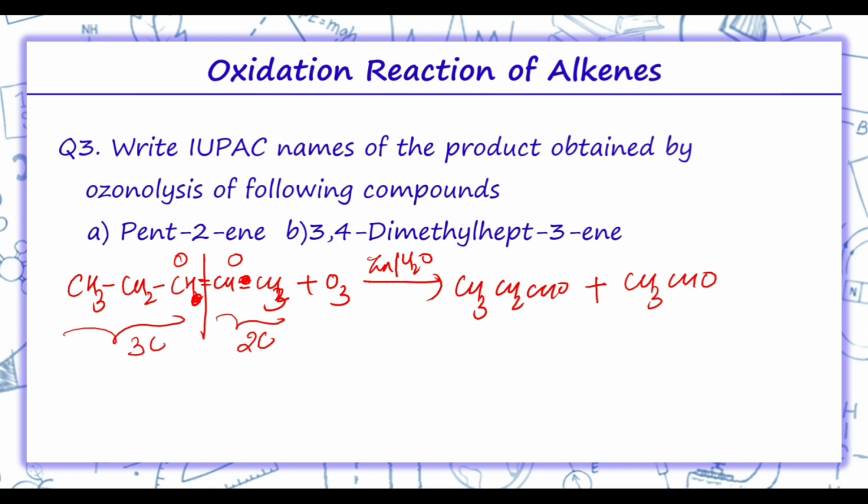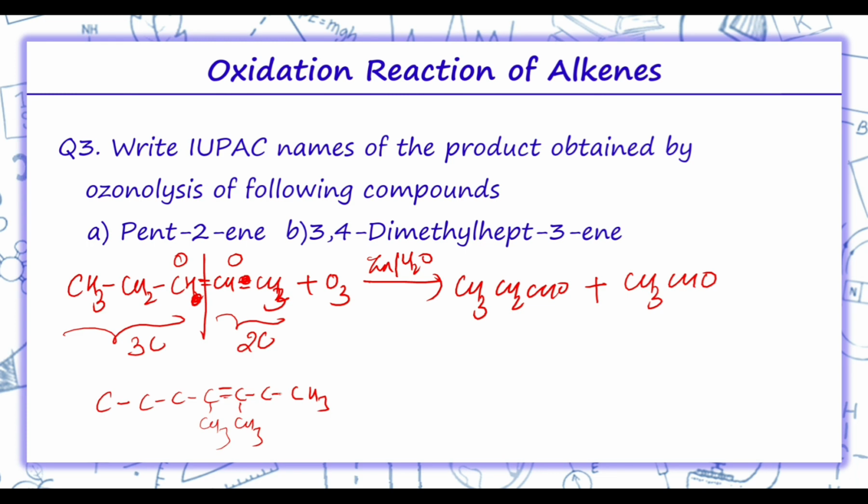Next is 3,4-dimethylhept-3-ene. So hept has 1, 2, 3, 4, 5, 6, 7 carbons. Hept-3-ene, so 1, 2, 3, then 3-methyl, 4-methyl.